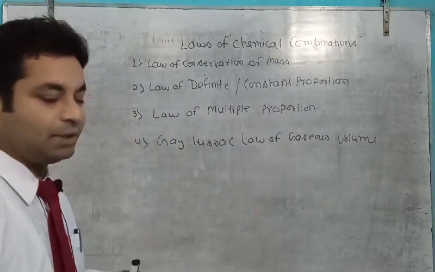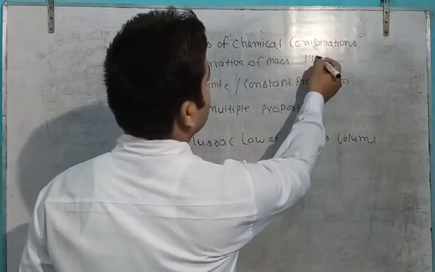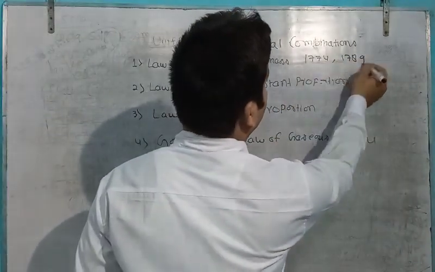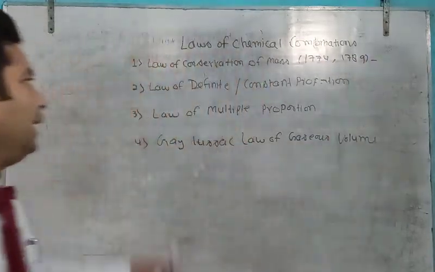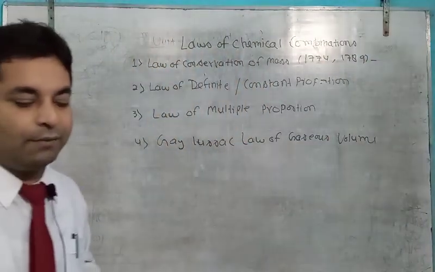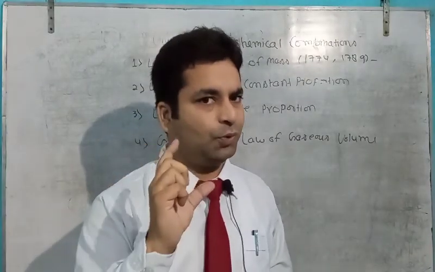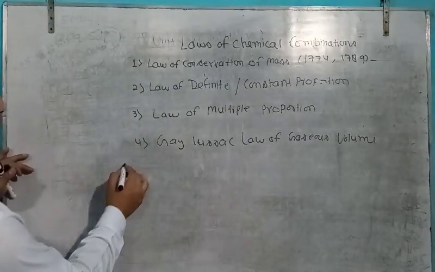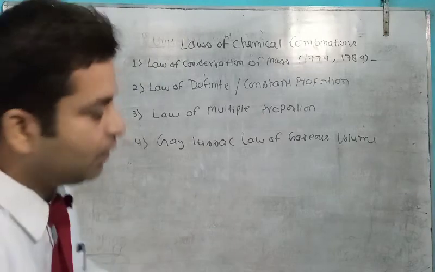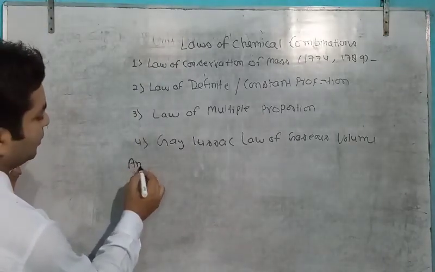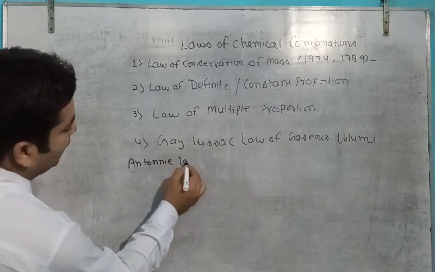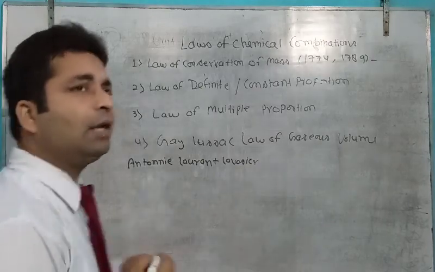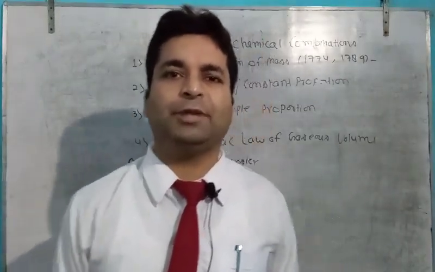The law of conservation of mass was given in some books in the year 1774 and in some books 1789. It was given by a French chemist named Antoine Laurent Lavoisier, who is also called the father of modern chemistry.